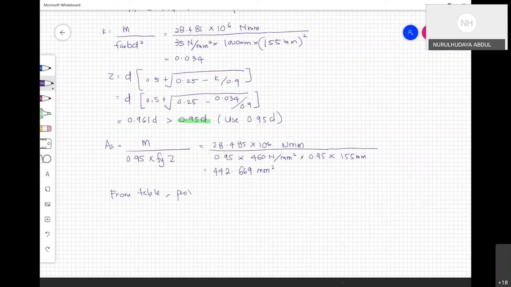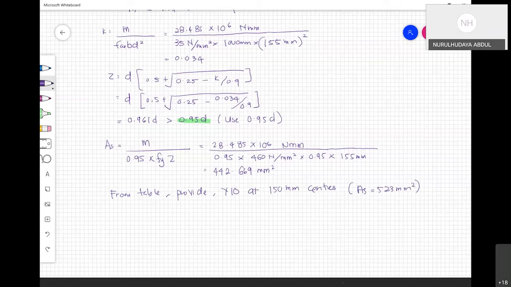Provide Y10 at 150 mm center. Okay. AS 523. So jadi lepas ni you dah tak payah check for actual modification factor, dah tak perlu check sebab dah betul lah.